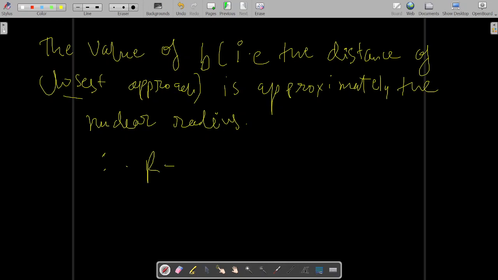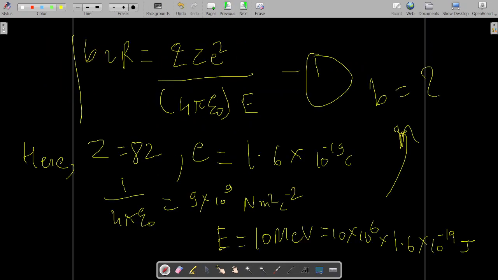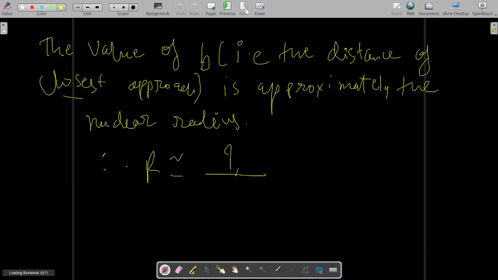Therefore, r is equal to whatever value approximately. Don't forget to put the sign of approximately; you will always have to put it over here. Then whatever value you get from this formula, just simply write down that value. I haven't calculated that.